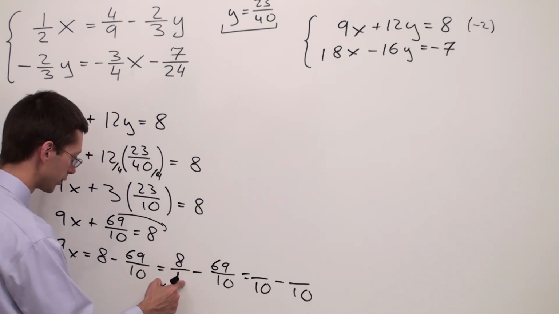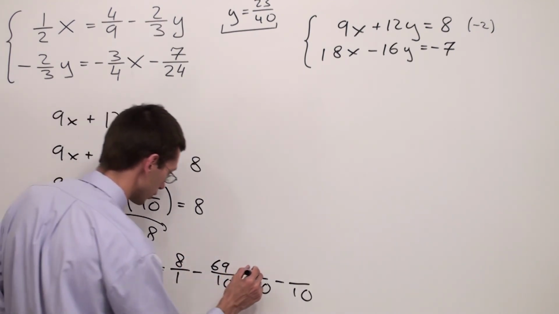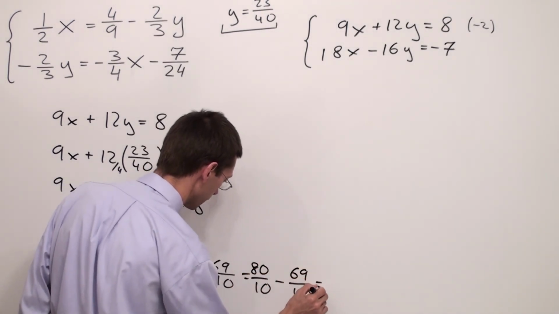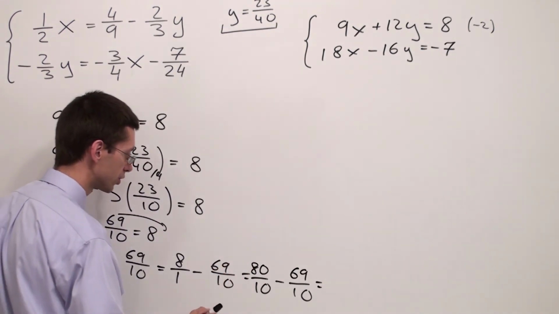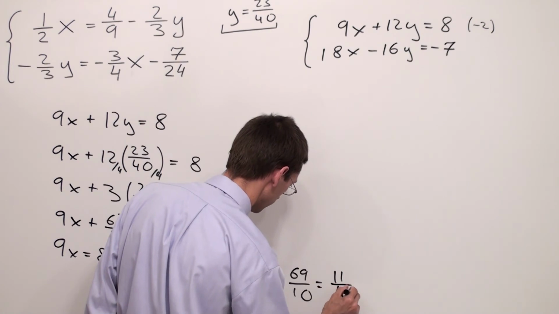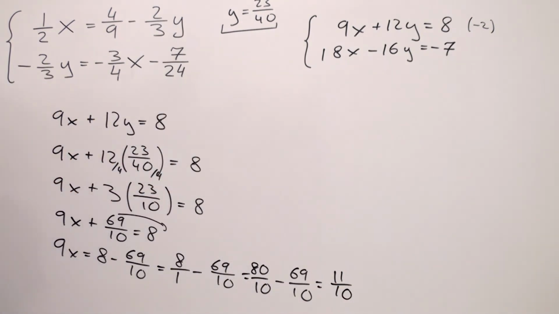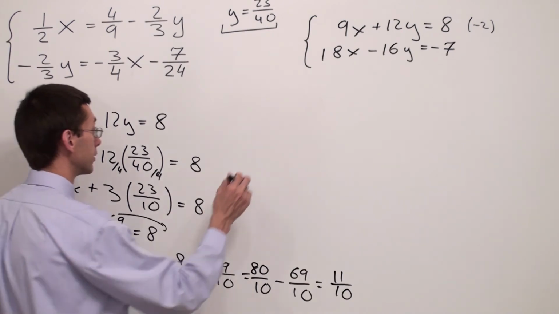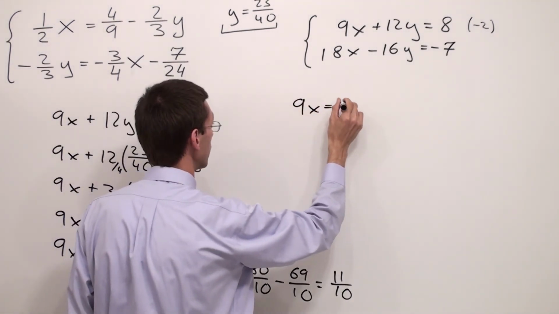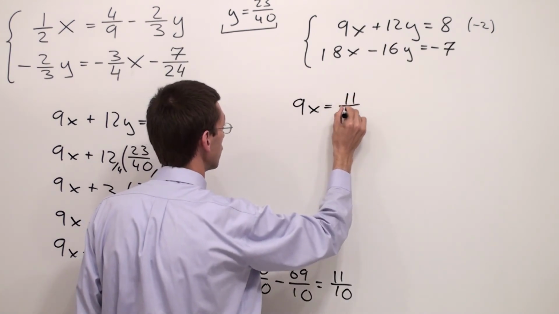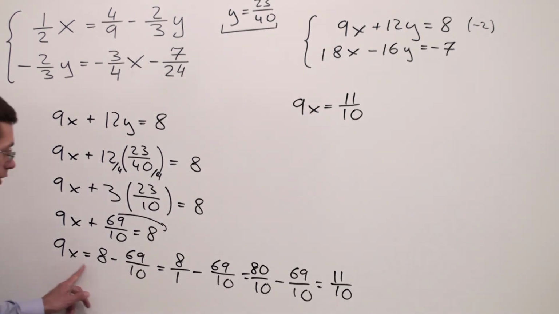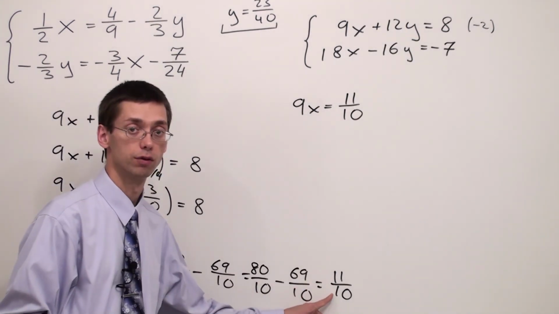If I multiply 1 by 10, I have to also multiply 8 by 10, so that's why this is going to be 80 minus 69. 80 minus 69 is equal to 11, and I'm supposed to keep the denominator, 11 over 10. So I can write that 9x is equal to 11 over 10.